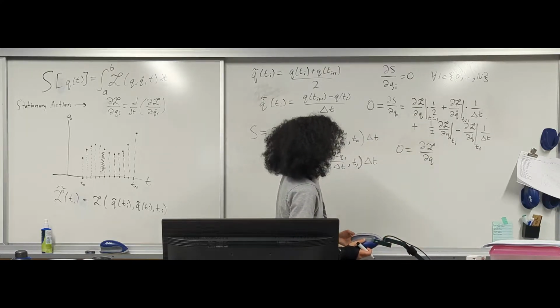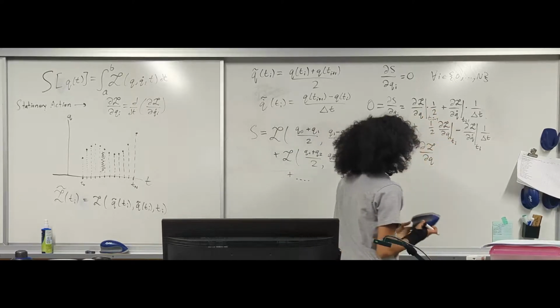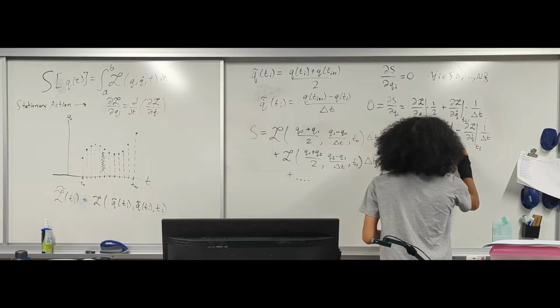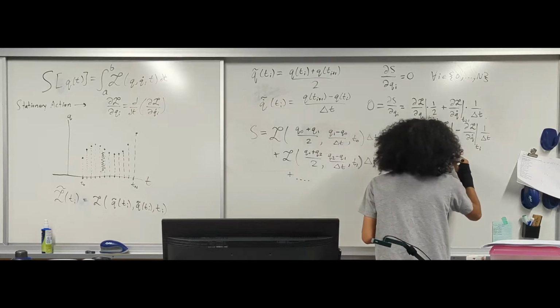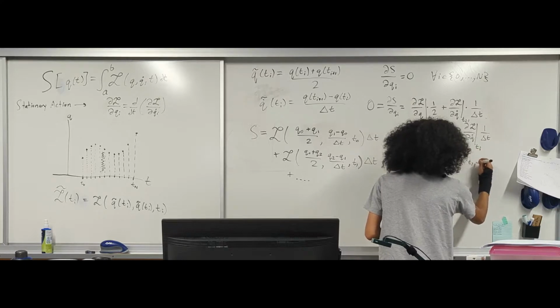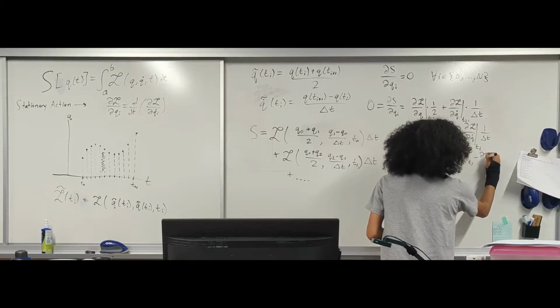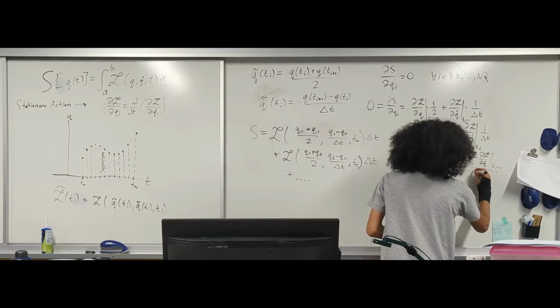Okay. Then here, what's happening is that if you pull out this minus sign, then what we have is dL by dq dot at t i minus dL by dq dot at t i minus 1 divided by delta t.